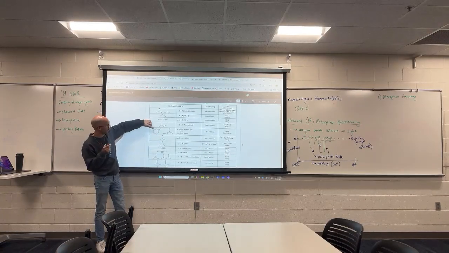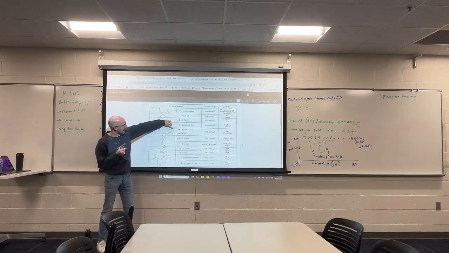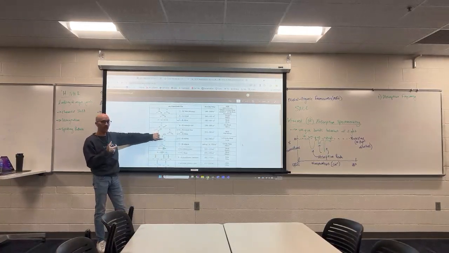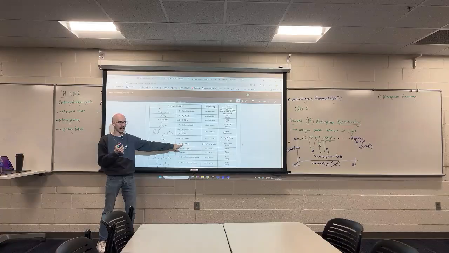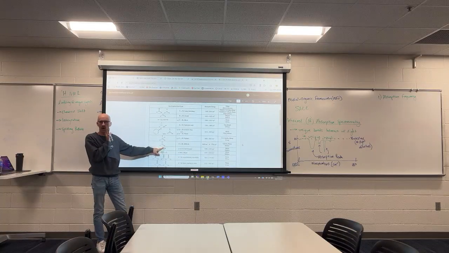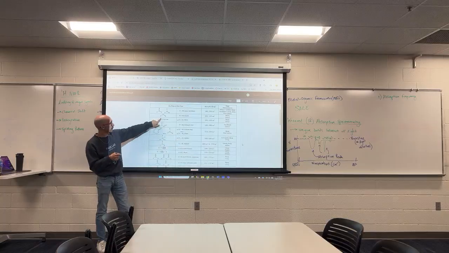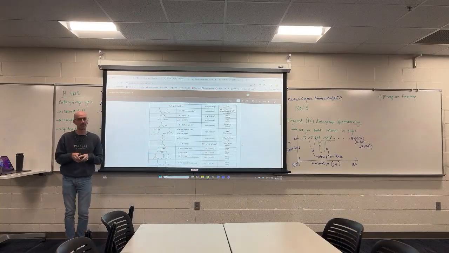Oh, I'm looking in the wrong spot, I'm sorry. sp2 CH absorbs differently than sp3 CH, absorbs differently than the CH of an aldehyde, which is technically also an sp2 CH bond, but it's unique from the sp2 CH bonds of the aromatic ring and the alkene. And those all absorb differently than an sp CH.